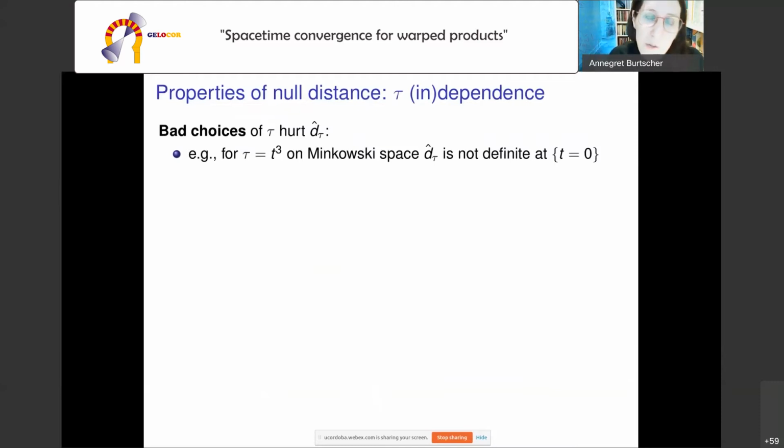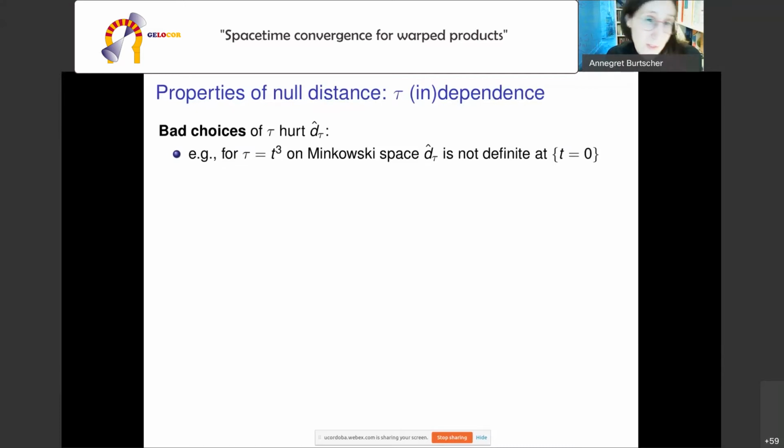So for instance, if you don't use t as your time function in Minkowski space, but t to the power 3, then this null distance is not even definite, because the points at the t equals 0 hypersurface don't have a good distance, so they are not separated.